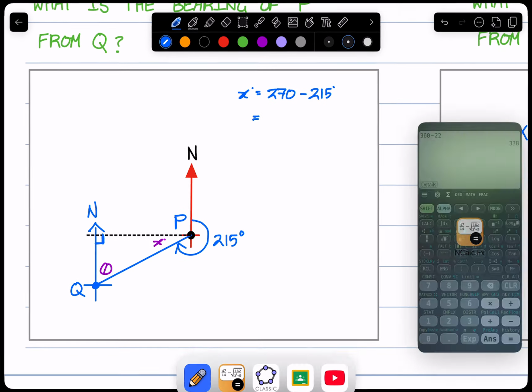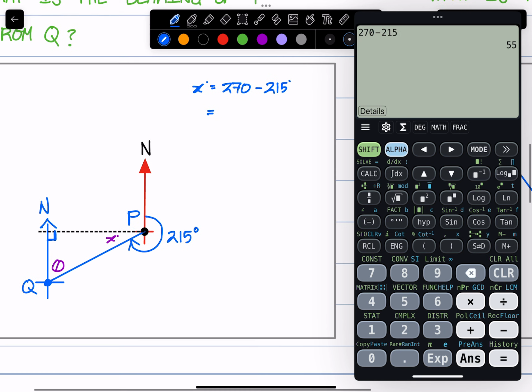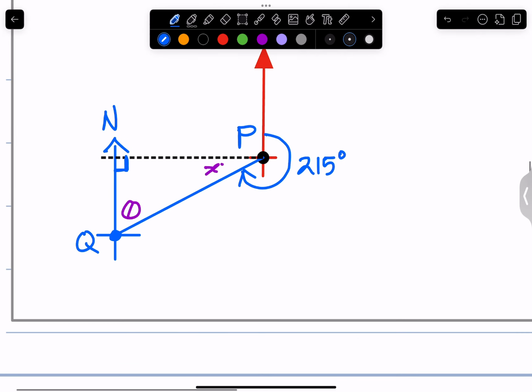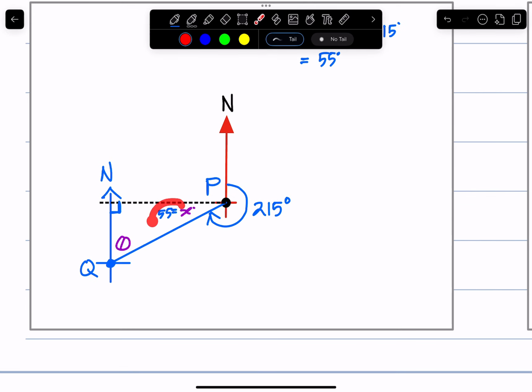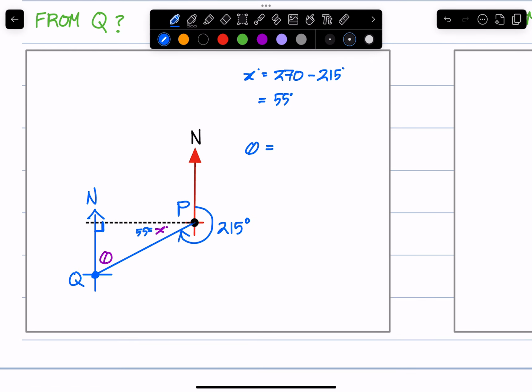Let's calculate that. 270 minus 215, that angle is 55 degrees. So angle X is 55 degrees. Now that we have 55 degrees here, we can complete the angle in this one. So angle theta is equal to 180 degrees, because it is a full triangle, minus 90, minus the 55 that we just found.